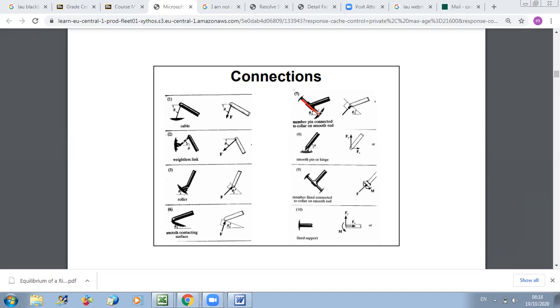This was the case here, and here. Because your member can translate here due to the collar, when you have a collar, you will not have a resistance force in the direction of motion of the collar. Okay?